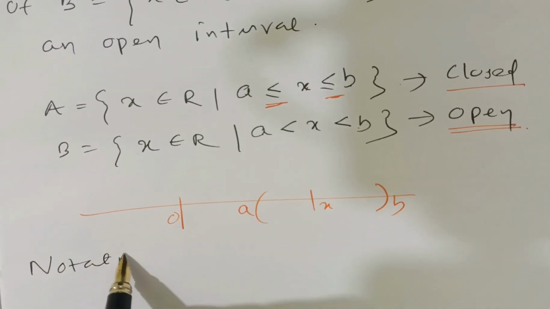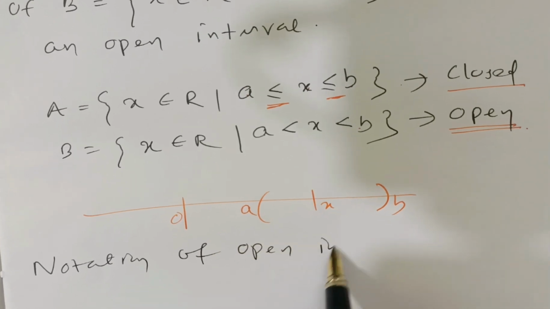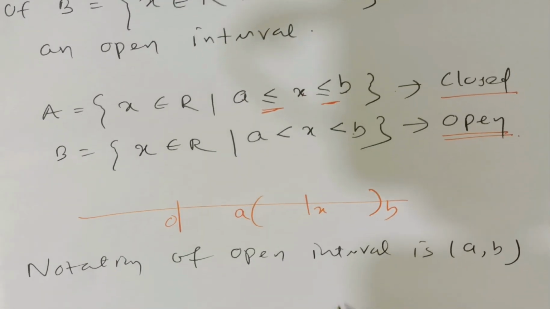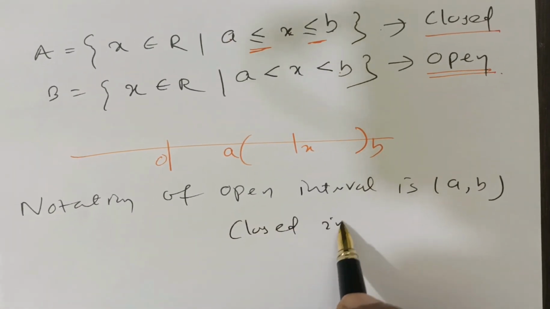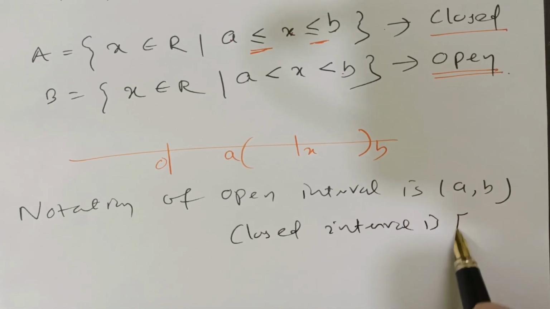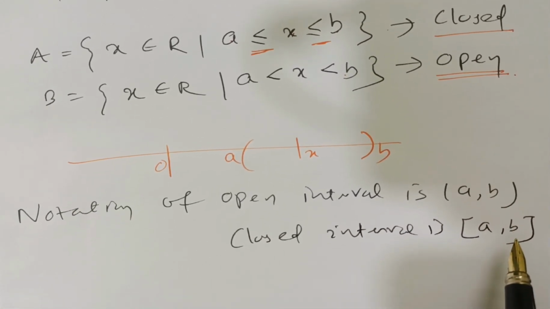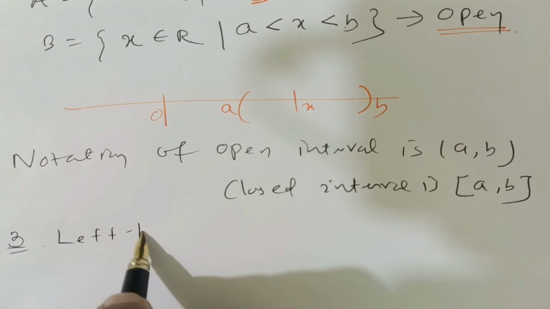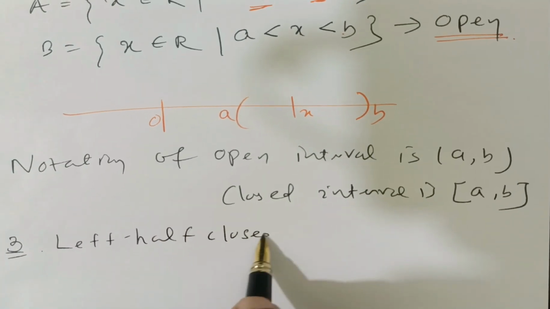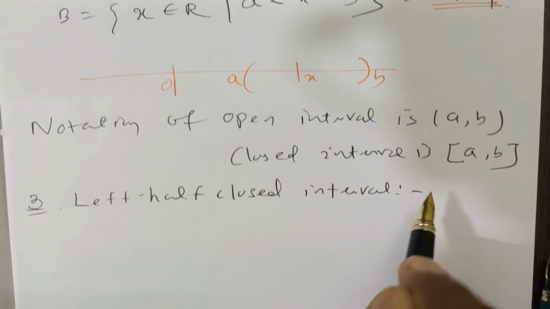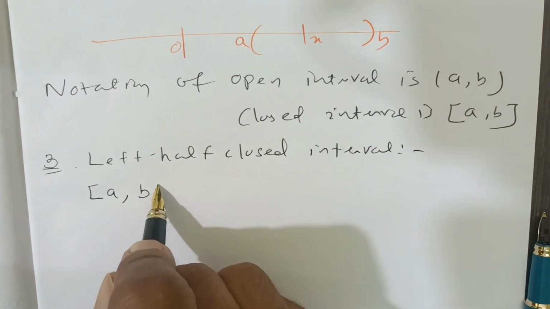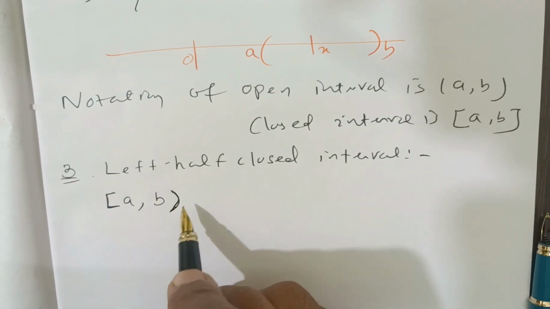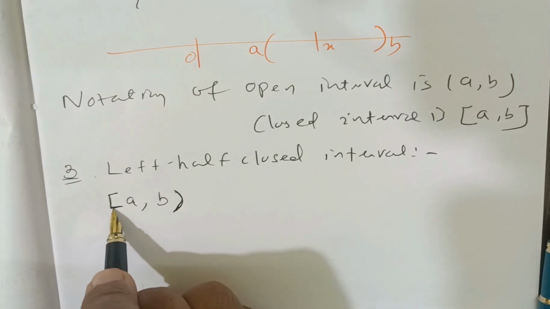Notation of open interval is (A, B), and closed interval is [A, B]. And there is the third type, that is the left half closed interval, and this is denoted by [A, B). You observe on this side the box bracket is used and on this side the round bracket is used. This means A is included.